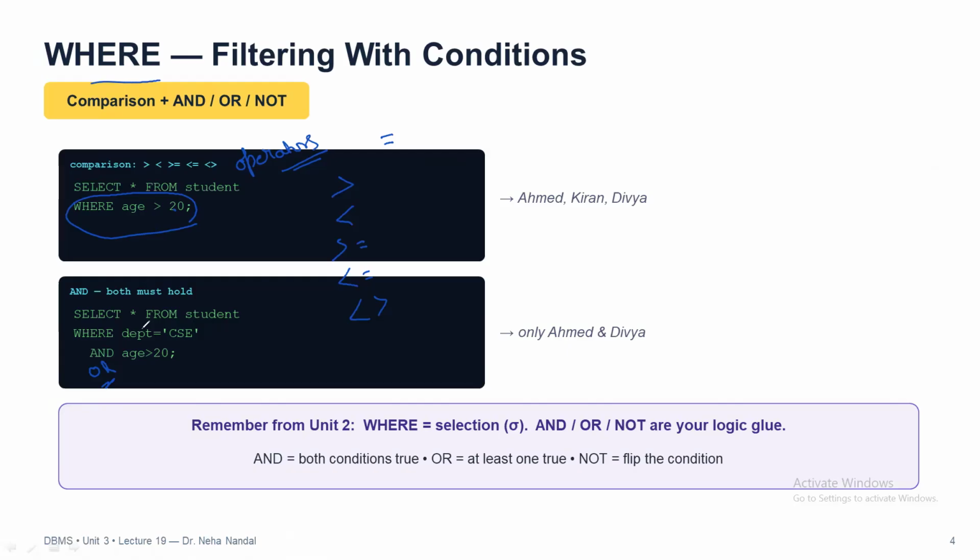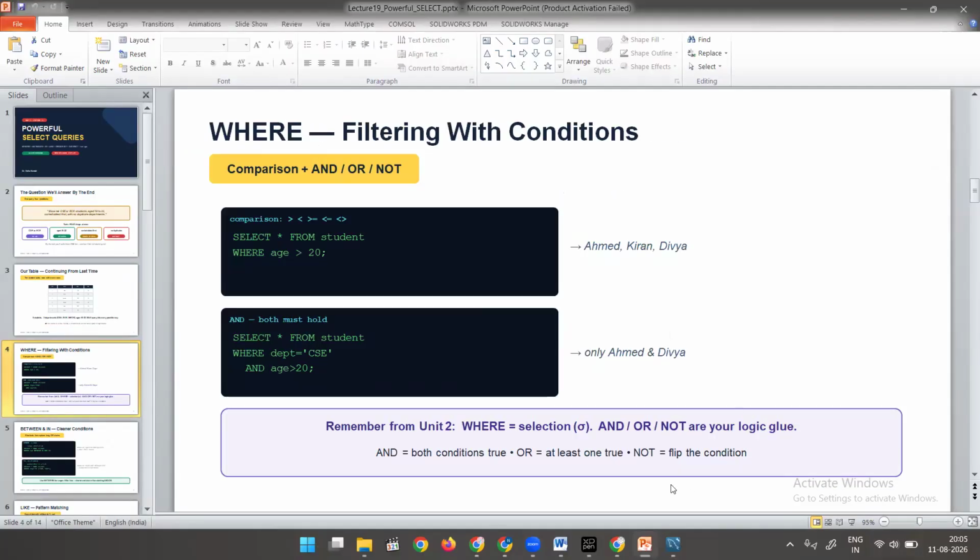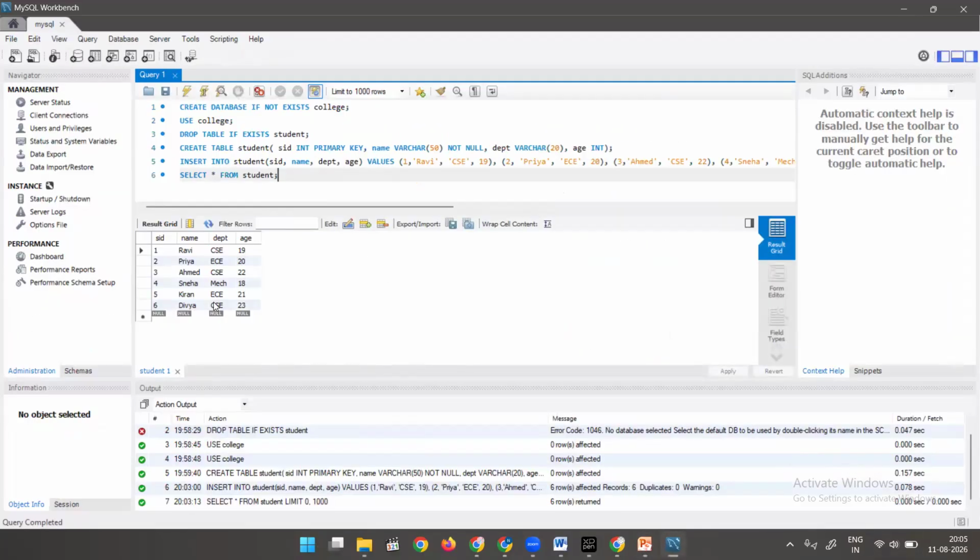So let's go to our workbench. Now let's run these queries. The comparison: the first one is where the student age is greater than 20.